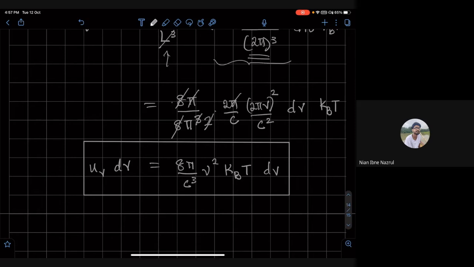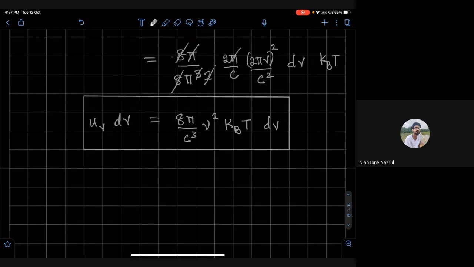And this formula is called the Rayleigh-Jeans formula.